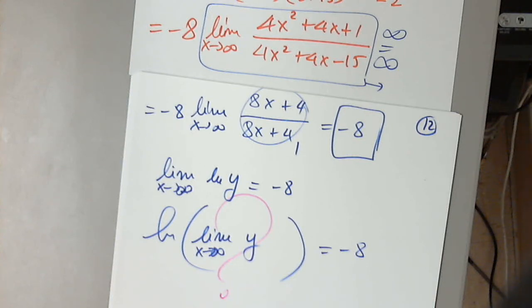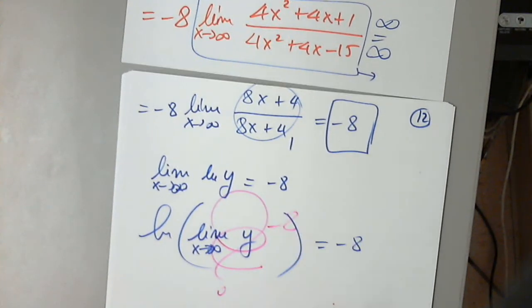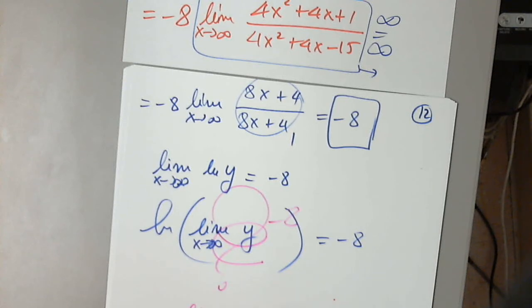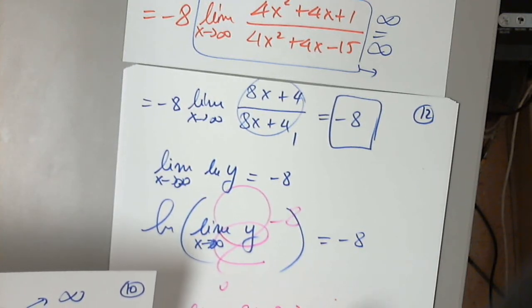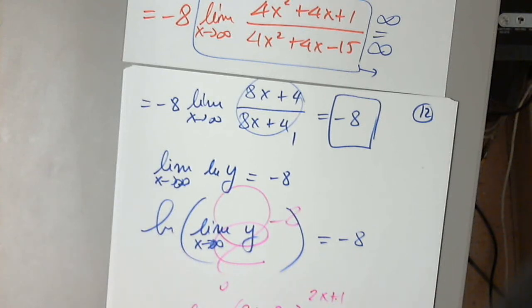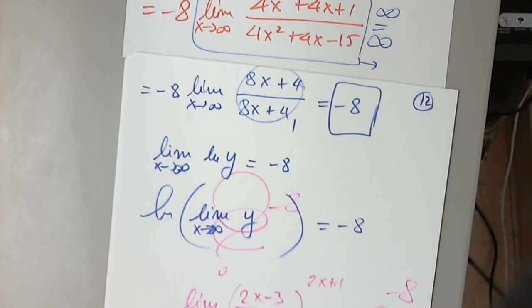So what can I have here so that when I apply natural log to it, I get negative 8? So remember, I need something that brings the power down in front of the log. And that answer is negative 8. So e to the negative 8. So then the limit, as x approaches infinity, from, I even forgot the function, 2x minus 3 over 2x plus 5 raised to 2x plus 1 is e to negative 8.